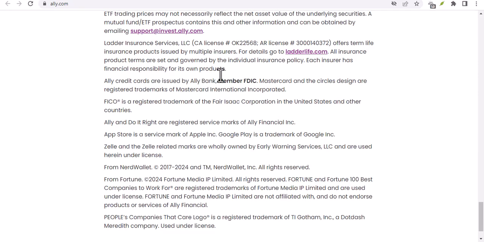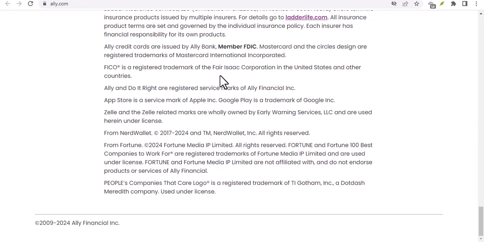Now, here's where things get a little more specific for international transfers. You'll need the SWIFT code, Society for Worldwide Interbank Financial Telecommunication, or BIC, Bank Identifier Code, for Ally Bank. This code is crucial for identifying Ally Bank in the international banking network. It's like the bank's international address.